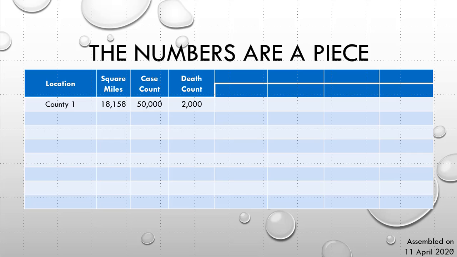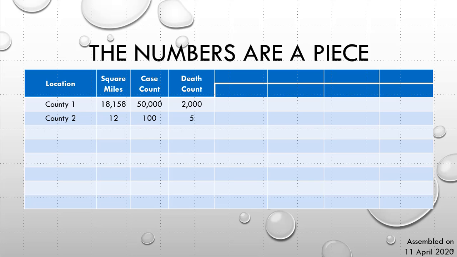And I said, if you compared that with County 2, it's only 12 square miles, and they've only had 100 cases and 5 deaths, and I said, pick a county, you would probably pick County 2 because the case count is only 100 and they haven't had that many people die from it.